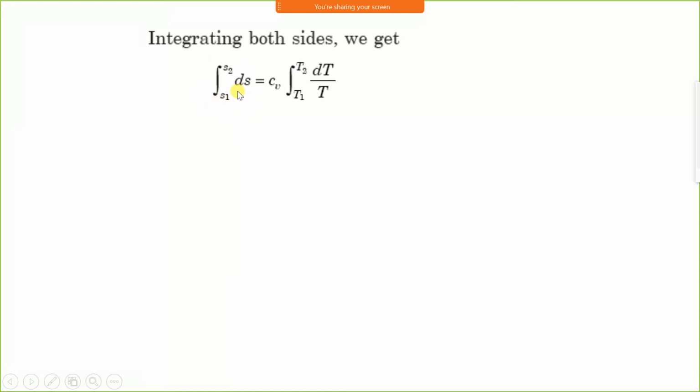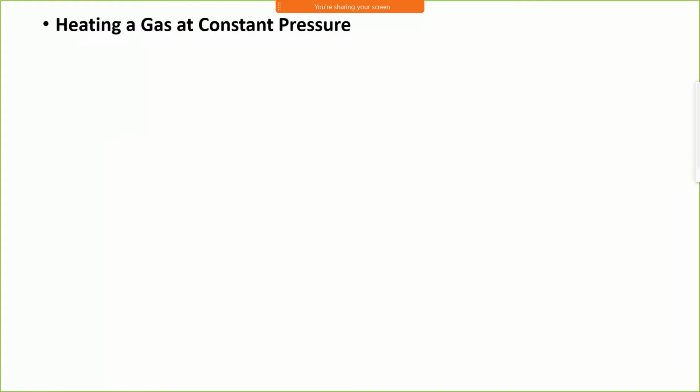After integration, ds gives S2 minus S1. After we apply the limits, Cv is a constant. Integration of dT by T is a log, the natural log, log base e of T2 by T1.